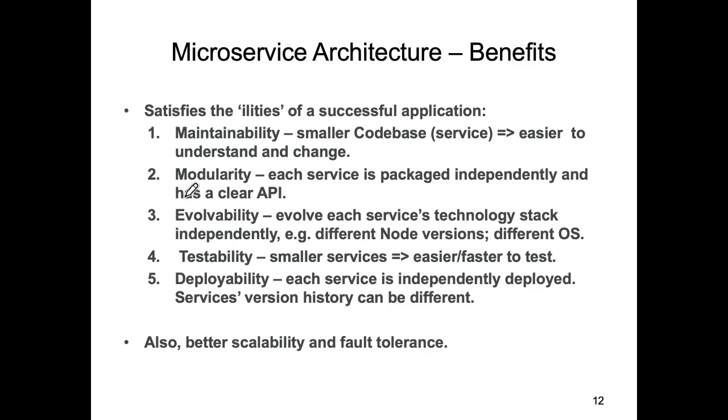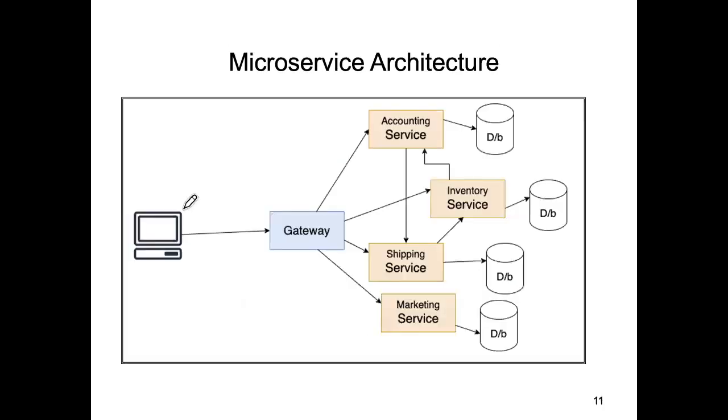That's okay. Evolvability, that's another nice aspect of it. This service here, we might write in Python because it's best suited to it, whereas this service might be written in TypeScript, and this service might be written in Java. There's no problem with that. They're completely independent.